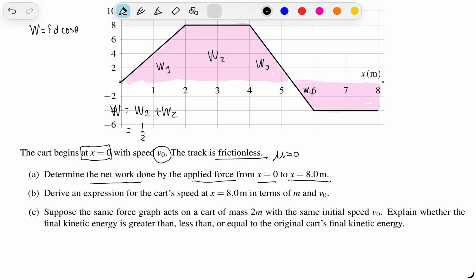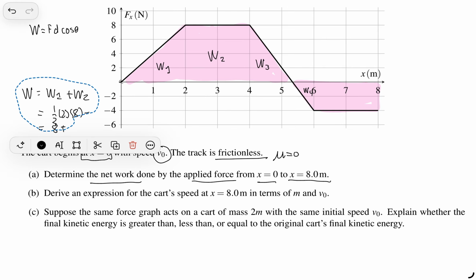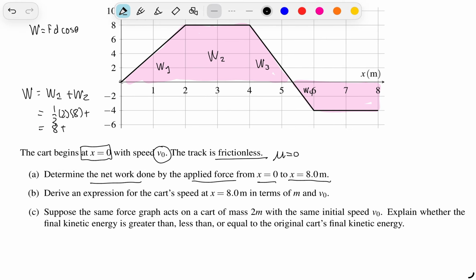Work 1 is going to be 1/2 times 2 times 8, and that is going to equal 8 joules. For work 2, we have 2 times 8, which is going to be 16 joules.